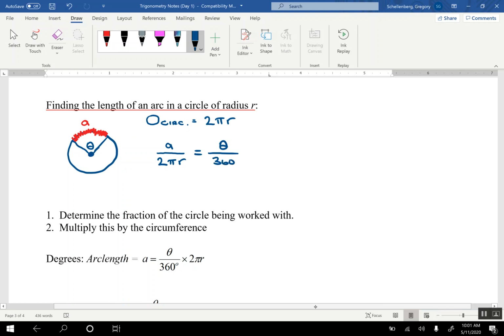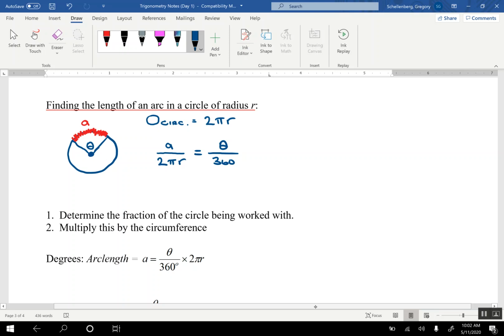So 2 pi r is the circumference, the perimeter around the circle. 360 degrees is one full rotation. So the arc length as a quantity of the circumference would be proportionally equal to the central angle theta as a quantity of 360 degrees.